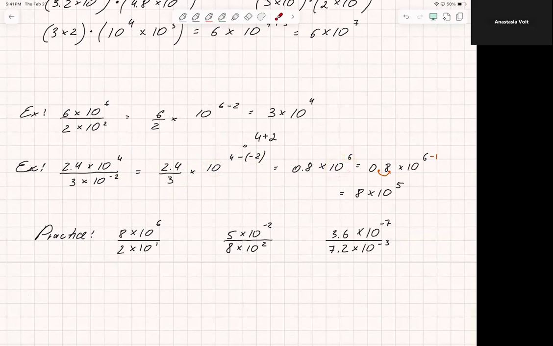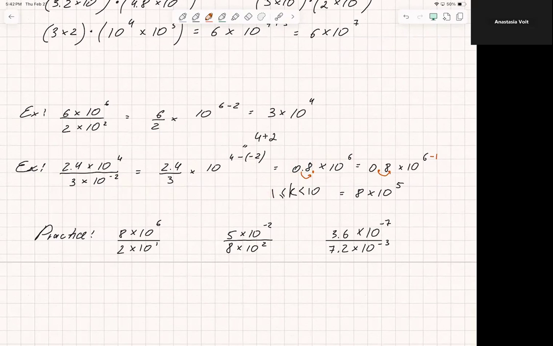Now, 0.8 cannot be k, because k should be a value between 1 and 10, not including 10, right? 0.8 is less than 1, so we need to choose k to be 8. That means that we need to move our decimal point 1 unit to the right.